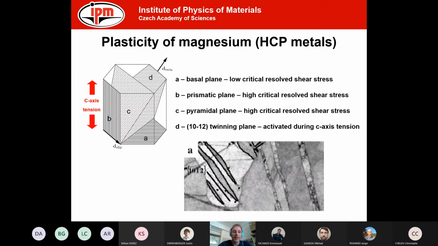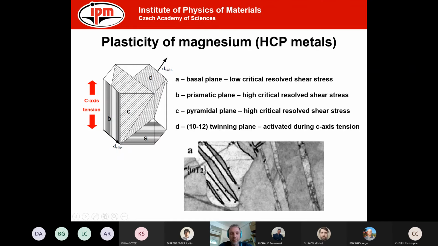The typical representative of HCP metals is magnesium, and the reason why twinning is so prominent in magnesium is the distribution of its slip systems.